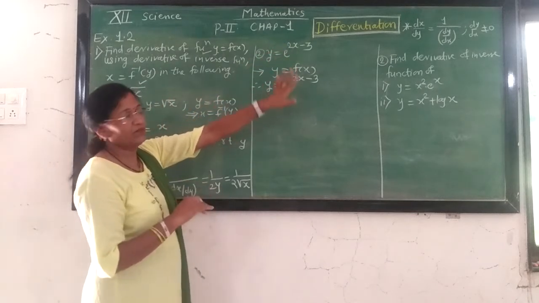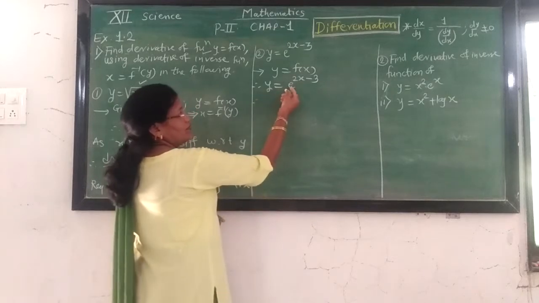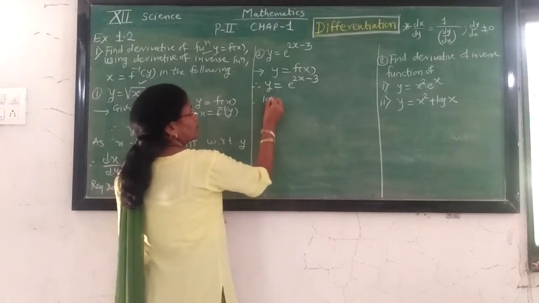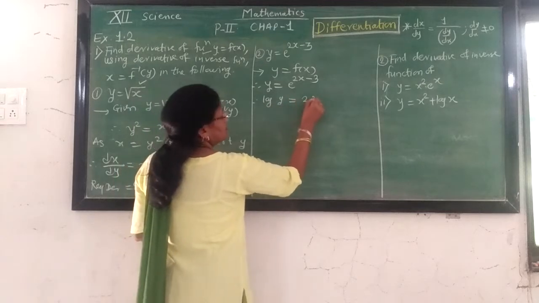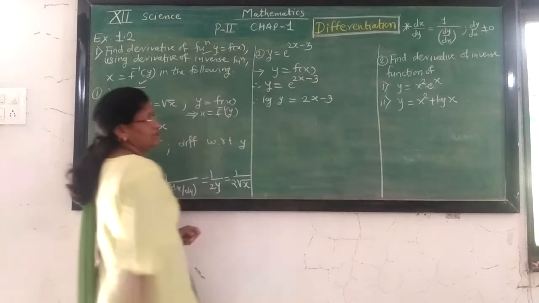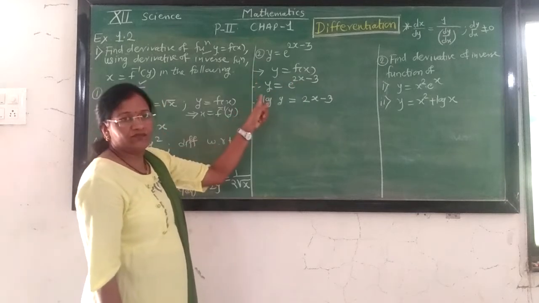How do you make x free? We take the exponential form and convert it into logarithmic form. So log y with natural base e becomes 2x minus 3. Try to express this x in terms of y.